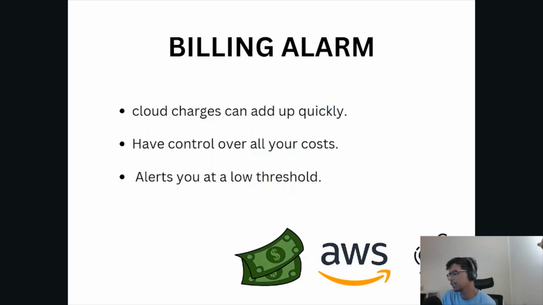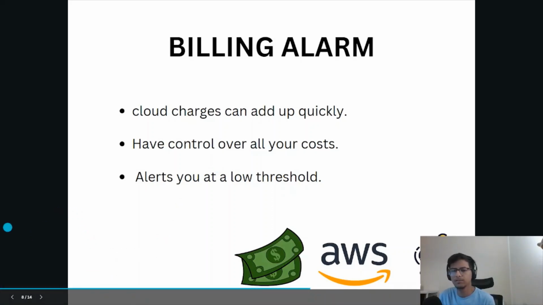Without a billing alarm, it's easy to overspend or exceed your limits, and potentially it can result in unexpected bills. So to have more control and make sure that you get an alert and know what has to be done, how am I spending? Am I spending too much? Do I have to make sure that something has to change? This is where you can use the billing alarm.